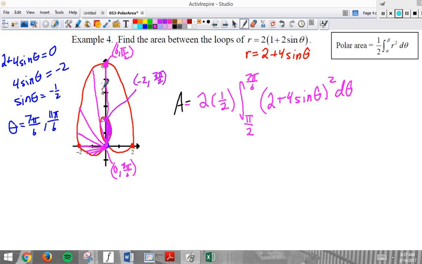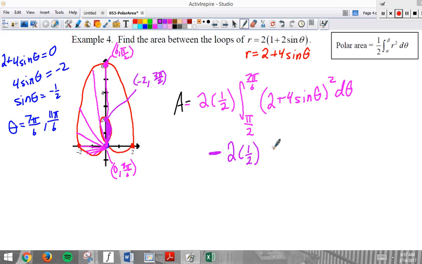That would be the pink, which would have included this little inner loop. And then I'm going to subtract the inner loop, which will be 2 times 1/2. And this statement is subtract. It really is going to be subtract here because they want an area between loops.